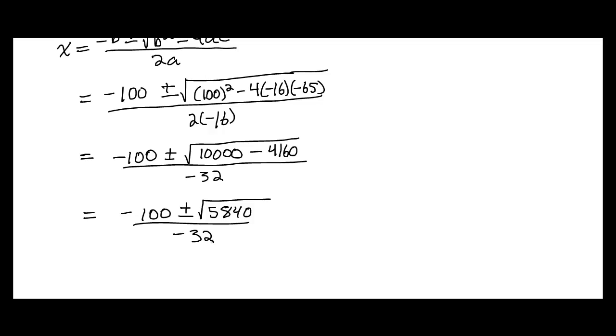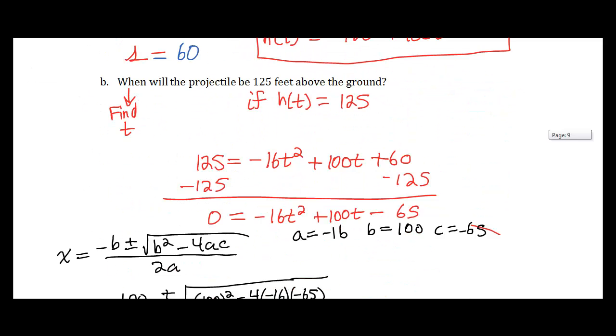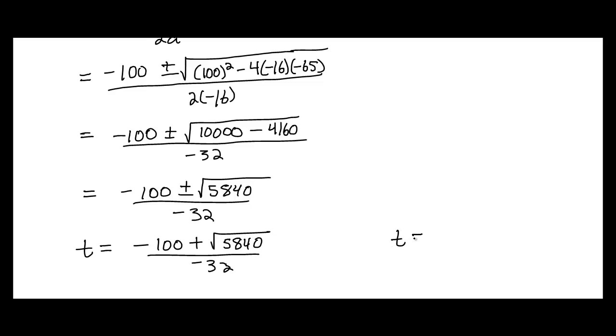Our directions in this problem asked us to round to the nearest hundredth of a second. That means 2 decimal places. So I'm going to write my solution separately, with the plus and a solution with the minus.